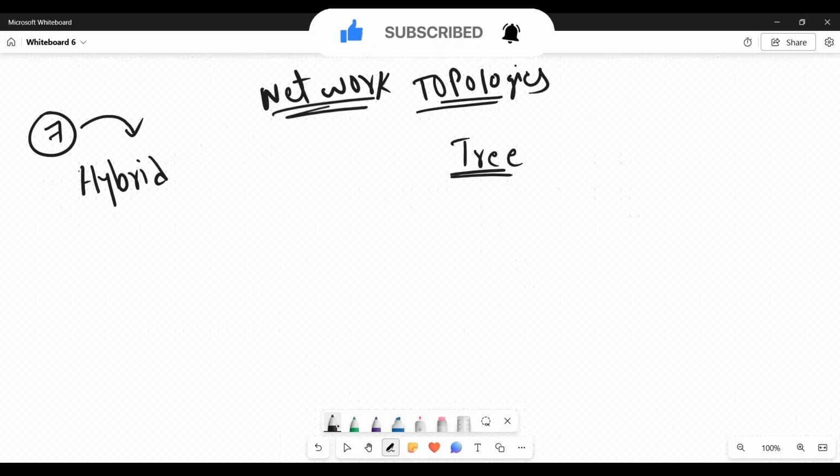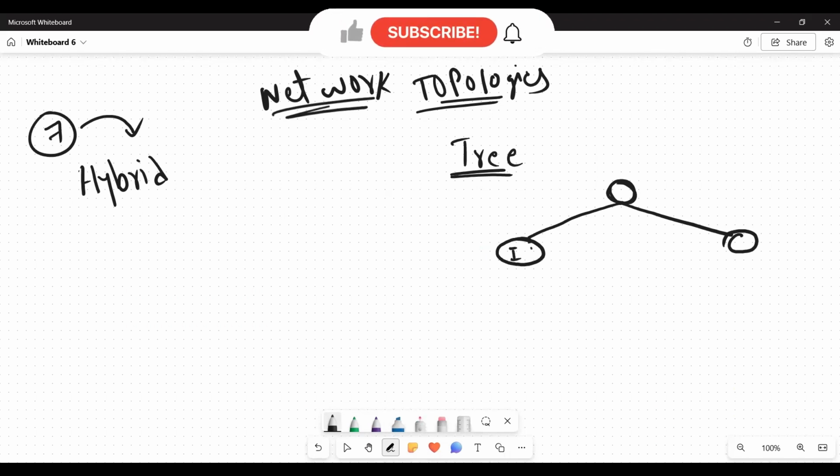So tree is a step-layer structured topology. There is a central device managing two other devices. For example, it is the accounts department and the IT department.